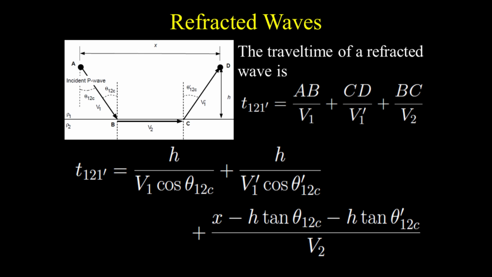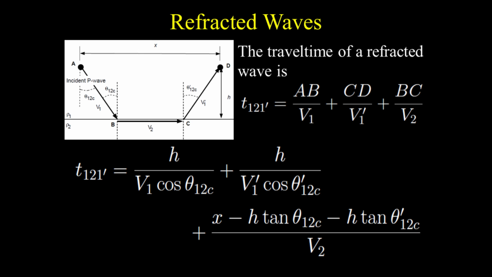From B to C, V2 represents the velocity of either a refracted P wave or S wave in the high velocity half space. Note that V2 can also represent the velocity of the refracted P wave in the top half space if V1 represents the S wave velocity in the top half space.